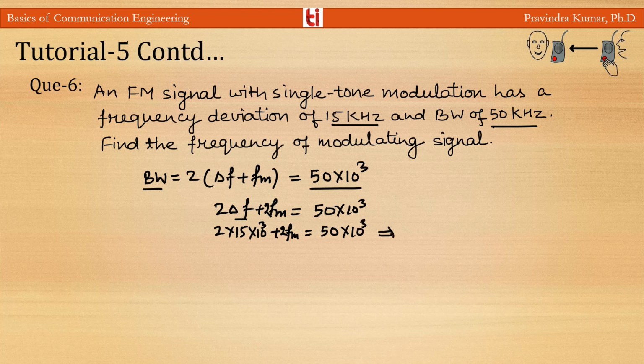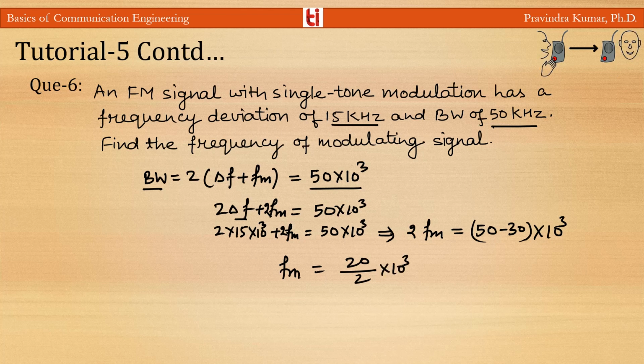From here 2fm is equal to (50 minus 30) into 10 to the power 3, so fm is 20 by 2 into 10 to the power 3, or fm is equal to 10 kilohertz. So the frequency of the modulating signal is 10 kilohertz.